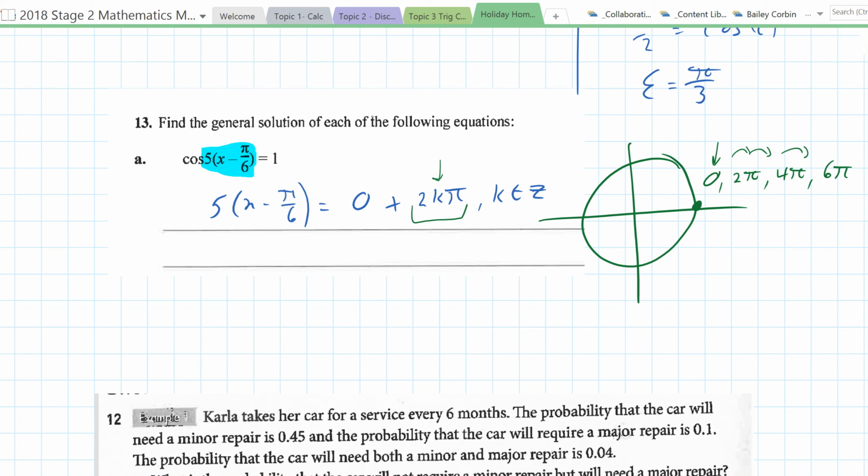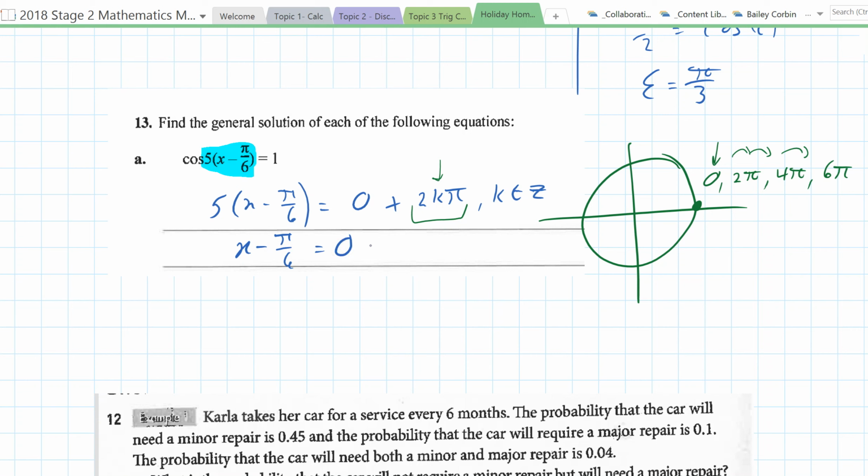Alright, so let's look at this equation here. For what values of x will it be 0? Well, x is going to be equal to pi on 6. The way we get that is first of all by dividing by 5. So now we have x take pi on 6 equals 0 divided by 5, which is 0.